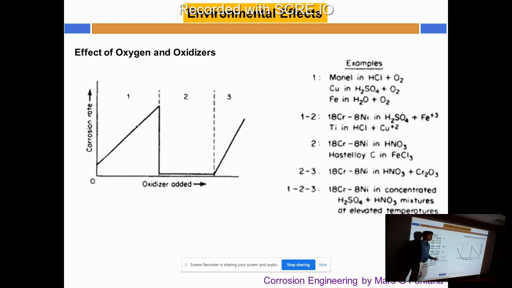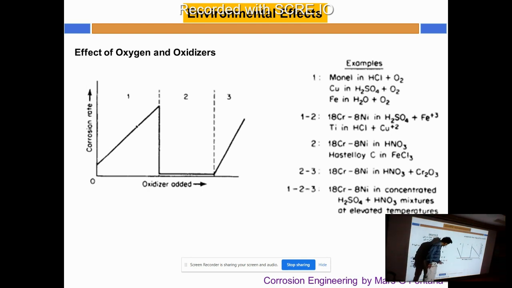Now for 2 and 3. 2 means passive, 3 means transpassive. That means initially it shows passive nature, then active nature. That's called transpassive. What is the example for 2 and 3? Chromium nickel in nitric acid, if I add chromic acid, it will show first passive, then transpassive.